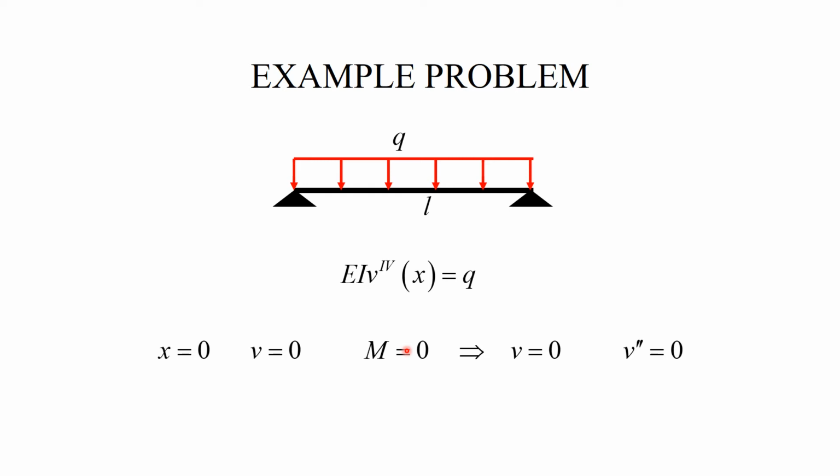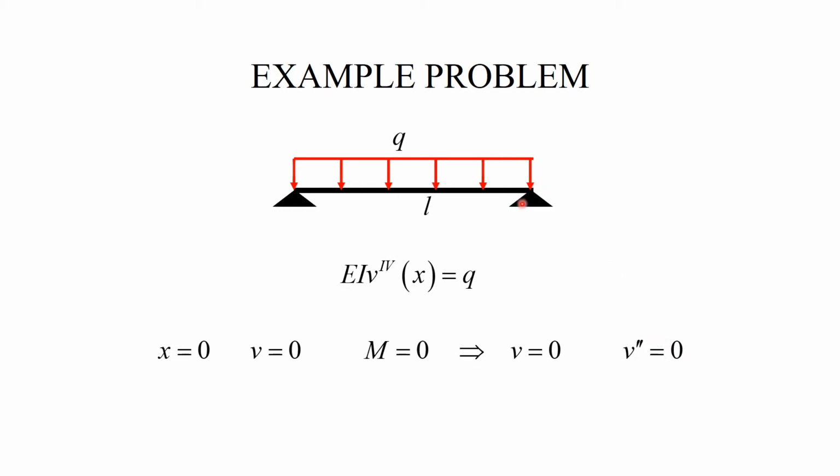Now I can replace M with the second derivative and conclude that at x equal to 0, v is equal to 0, and v double prime is equal to 0. These are physical boundary conditions, these are the mathematical boundary conditions, and they're exactly 2 at x equal to 0.